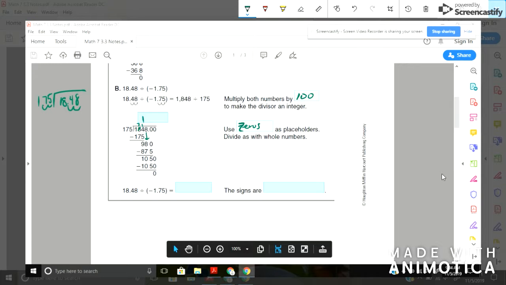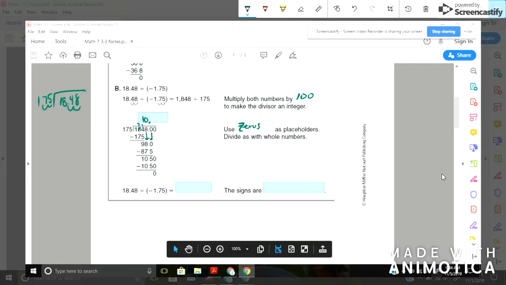Okay, so now does 175 go into 98? Well, it goes in there 0 times, right? I'm going to bring my decimal straight up while I'm right here in my problem. And then to be able to continue dividing, I need to bring another 0 down. So now, how many times does 175 go into 980?